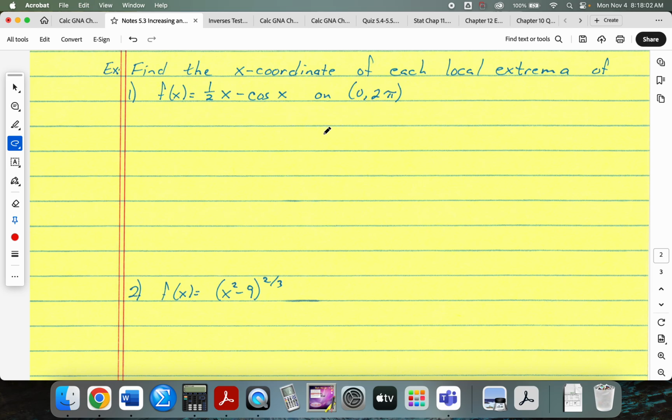So 0 to 2 pi, not a problem. So I take the derivative, f prime of x. That's going to be 1/2 plus sine of x equals 0. This is one I can solve by hand because it's not a polynomial, it's just a constant. So this is sine of x is equal to negative 1/2.